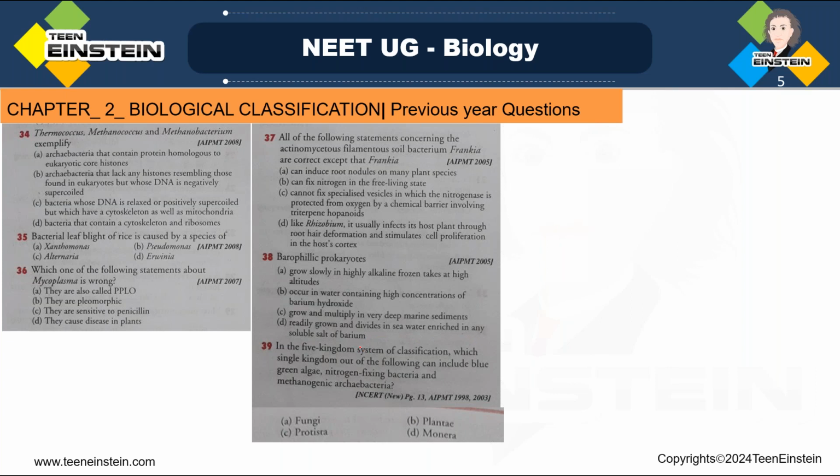Okay, see, barophilic prokaryotes are a type of organism which can grow and exist at high pressure zones. Okay, barophilic prokaryotes.